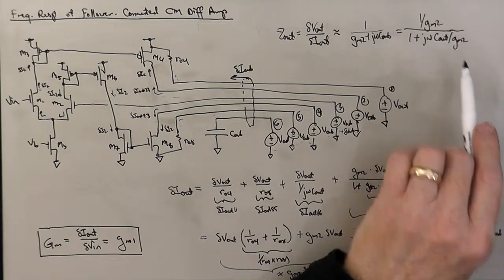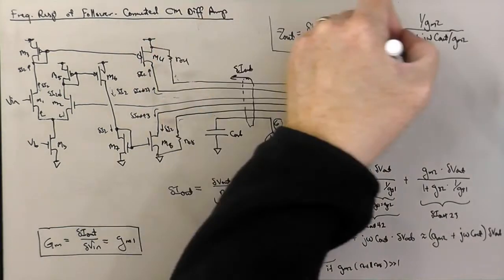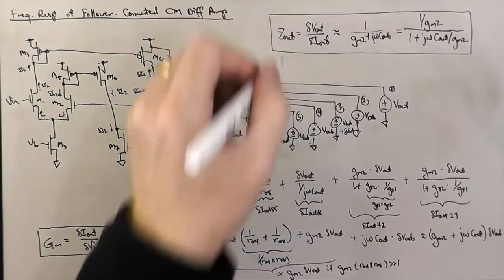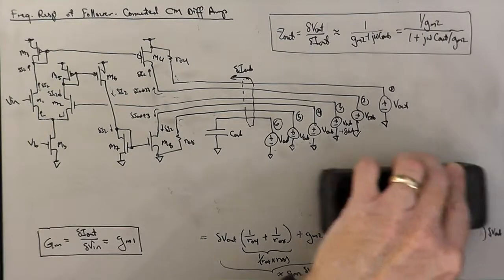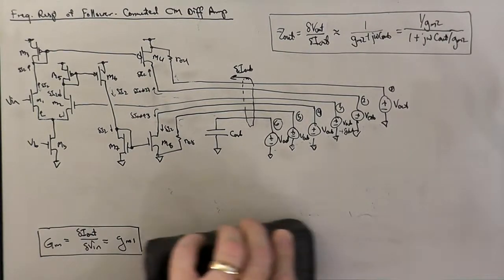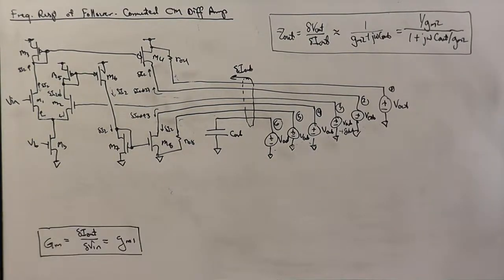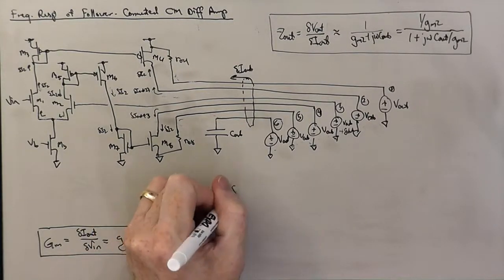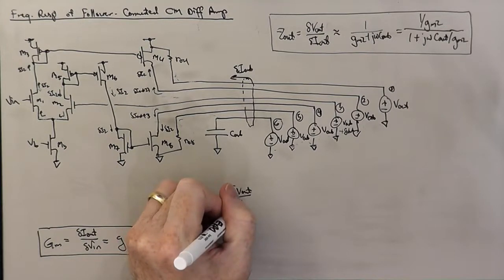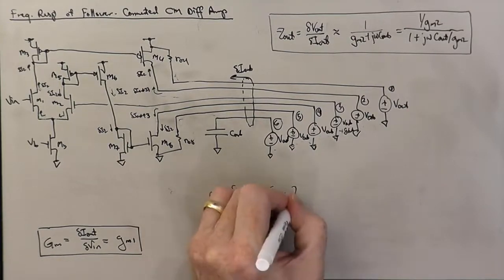And what we want to do is see what the gain of the circuit was. That was our goal initially. So this is Z out. And so the gain A, which is delta V out over delta V in, voltage gain is GM times Z out.